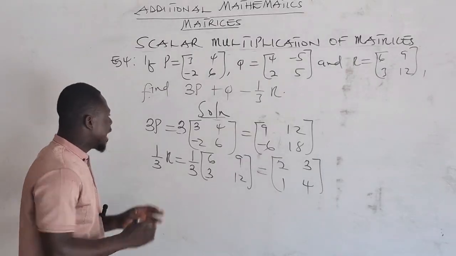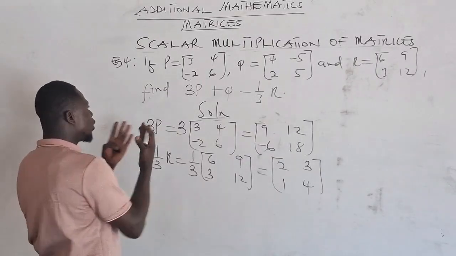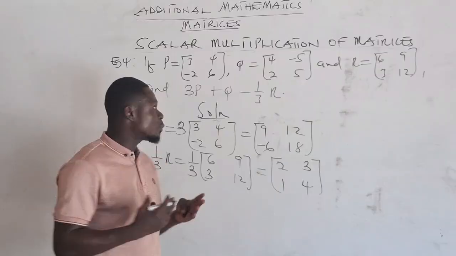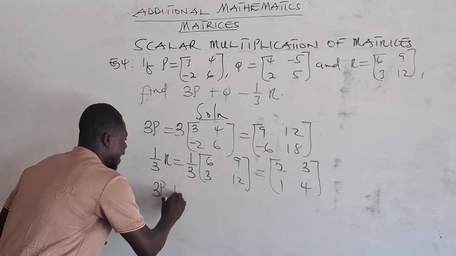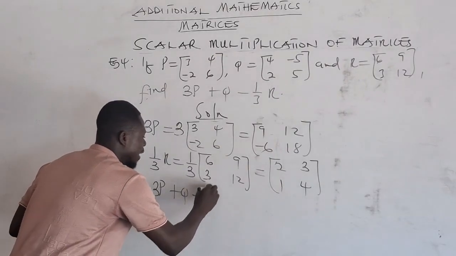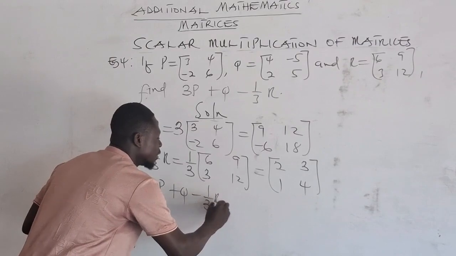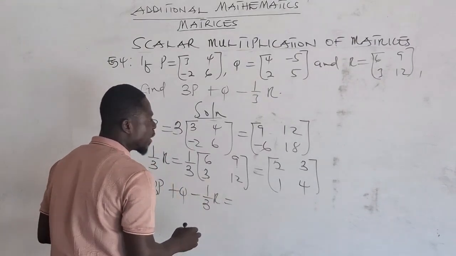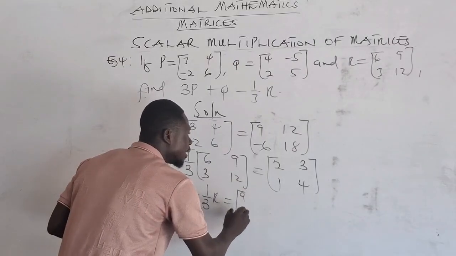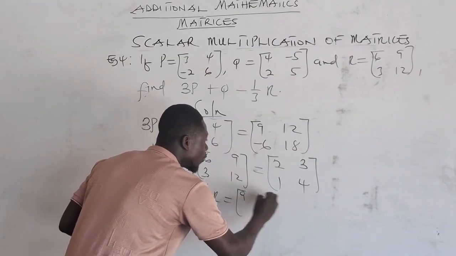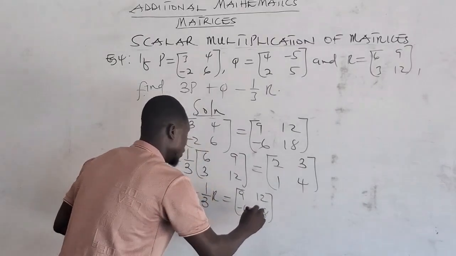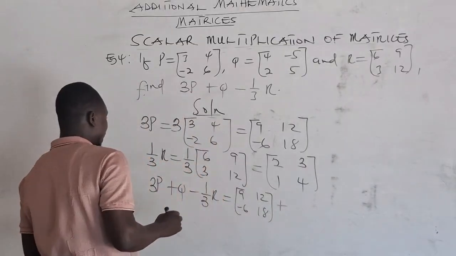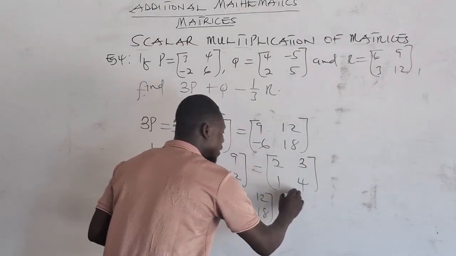Now that we have the components, we put everything together, we get the whole expression. So we will have 3p plus q minus 1 on 3r. The 3p was obtained as 9, 12, negative 6, 18, plus the q was still q.